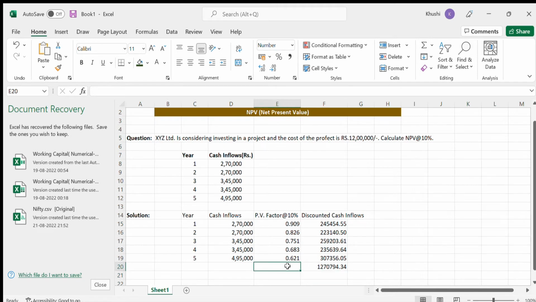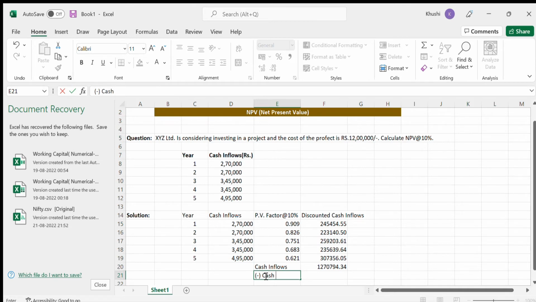So what is the formula of NPV, net present value? The formula of the NPV is total cash inflows minus total cash outflows. So we get the net present value. So we have got the total cash inflows, discounted one, and now we will write the cash outflows, which is given in the question, that is 12 lakh, which is the cost of the project.